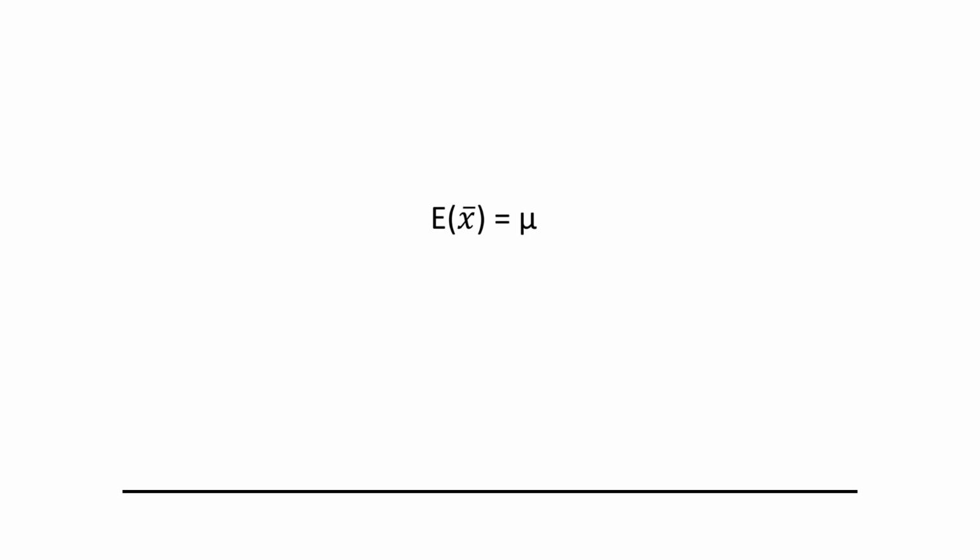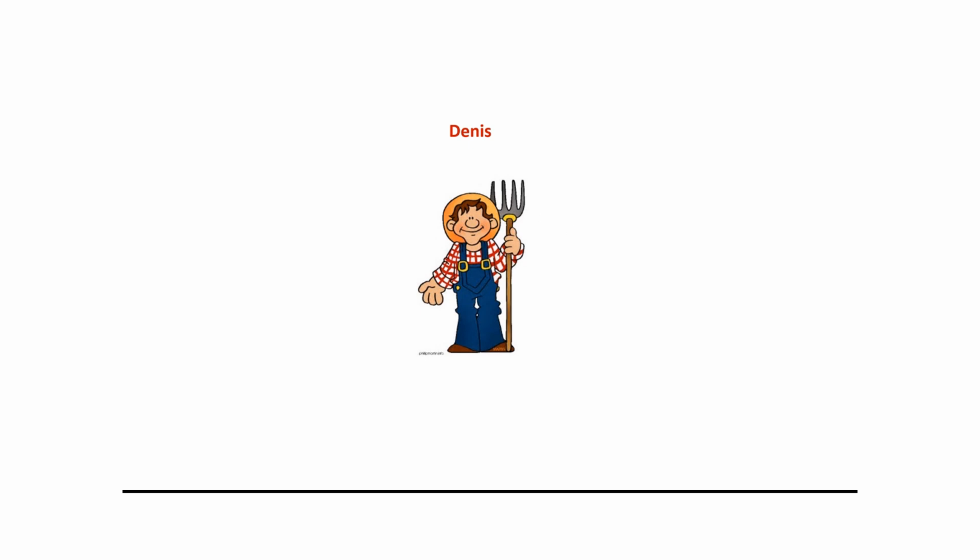Next, to get more intuition about the fact that the more samples you take, the better you're going to be able to zoom in on the population mean, or the bigger the size of one sample, the more likely you'll get a sample mean closer to the population mean, let's consider farmer Denis's problem. Denis is trying to figure out what the average weight of his straw bales is before he can sell them.